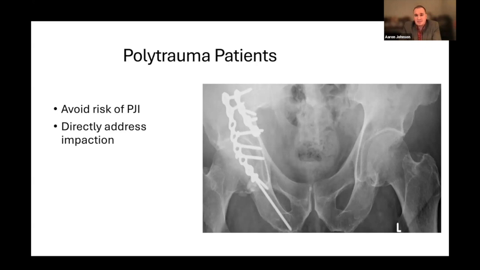But on the arthroplasty side, if all you're doing is primary total hips, I don't know that gives you the skill set to take care of this patient either, right? This is very different than your routine primary total hip.